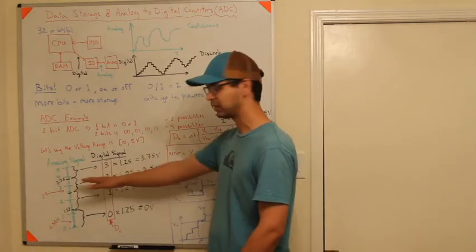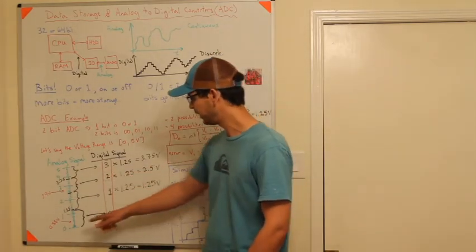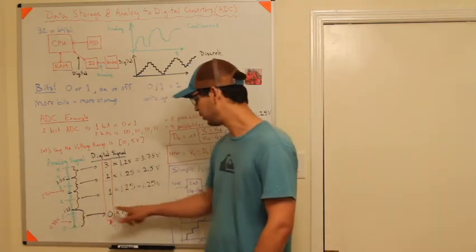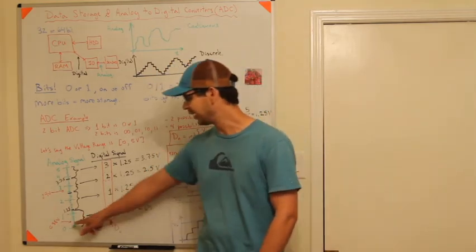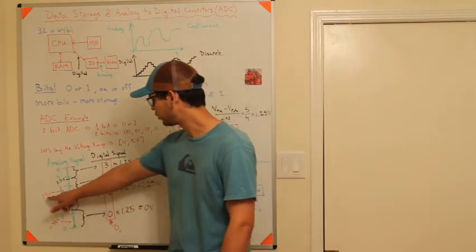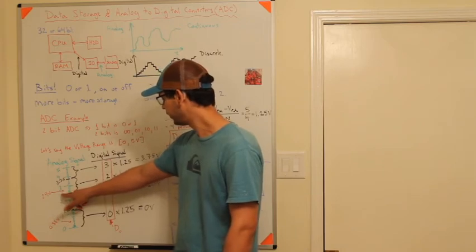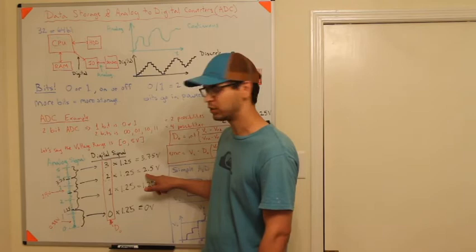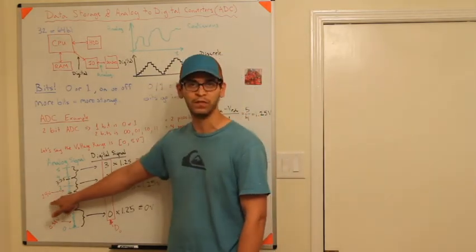So you can see here there's a significant amount of error, right? If I get a signal that's 0.88, my computer is going to think it's 0 volts. That's an error of 0.88 volts. That's a lot, right? If I get a signal of 2.9 volts, I'm going to get a digital representation of 2.5. So my error is 0.4 there.